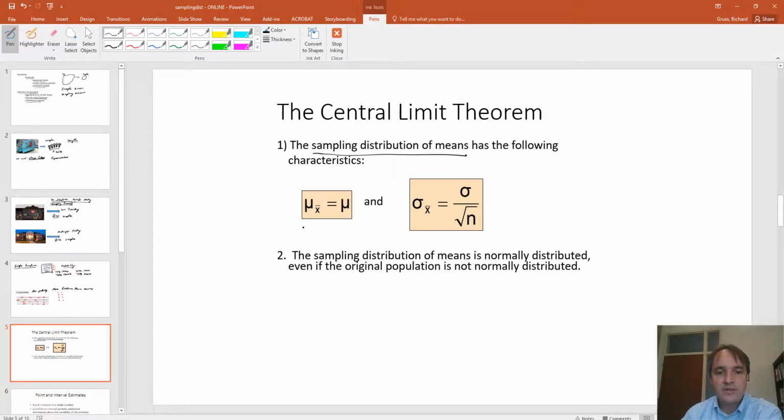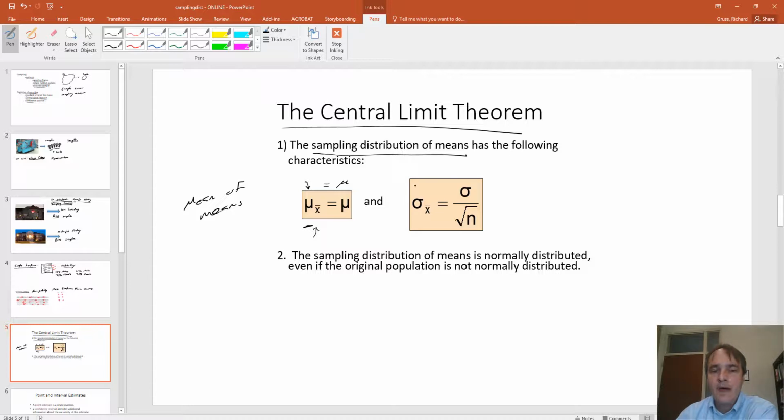The average of all of those means, what I was calling the mean of means, or the average of averages, turns out to be approximately equal to the population mean. So if we want to get at the population mean, we take a bunch of samples, take the means of those samples, and we get something fairly close. This is one part of the central limit theorem.